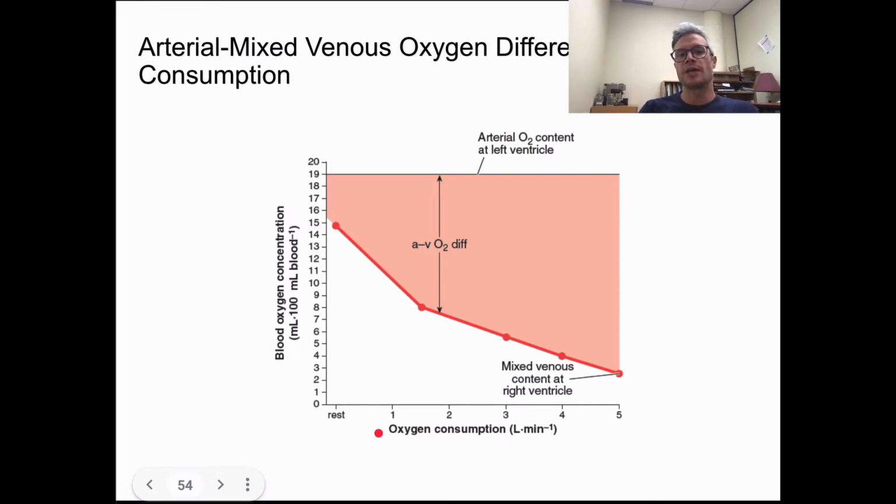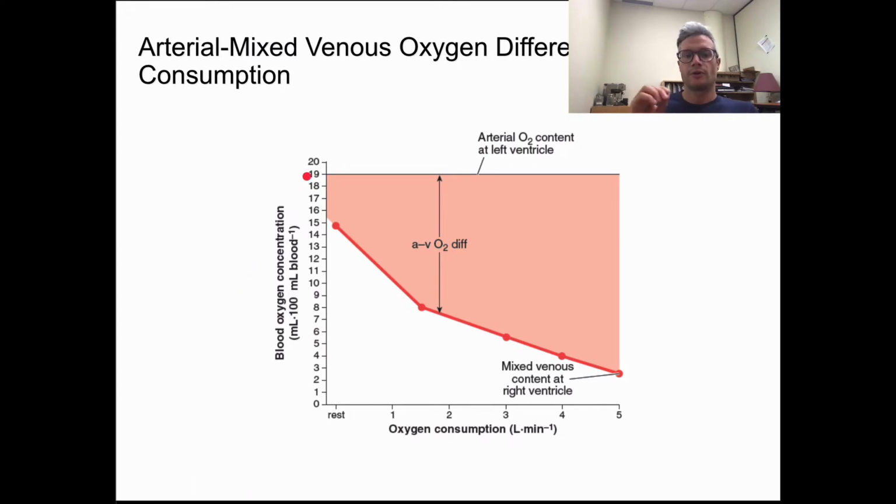That is how much oxygen is being utilized or taken in by the tissues and cells throughout our entire body. On the y-axis, we see blood oxygen concentration, which is how much oxygen is still within the blood at different points in our body's use of oxygen.